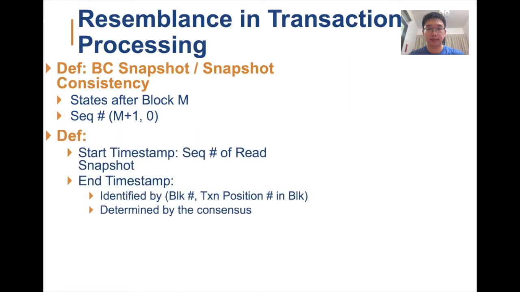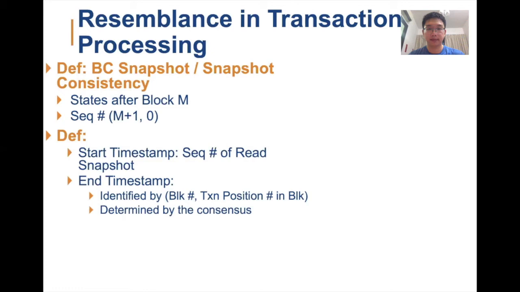For an EOV blockchain transaction, its start timestamp is the sequence number of the blockchain snapshot it simulates on. Correspondingly, the end timestamp is a 2-value tuple consisting of block number and transaction position in a block. Note that the end timestamp is determined by the consensus.